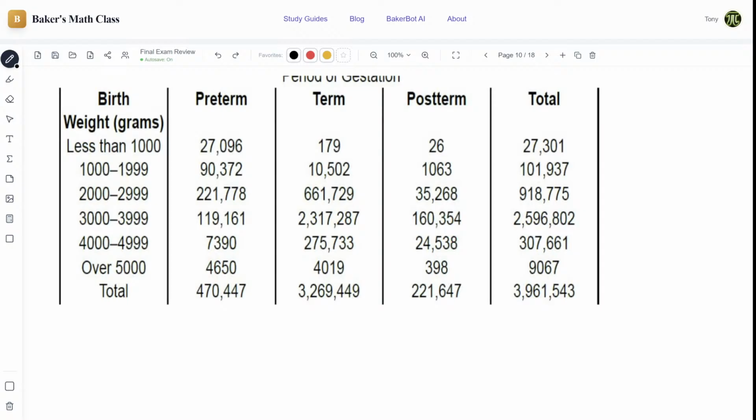All right, so this is the conditional probability charts. What's the probability that a randomly selected baby born in this year was post-term? So what would we do?